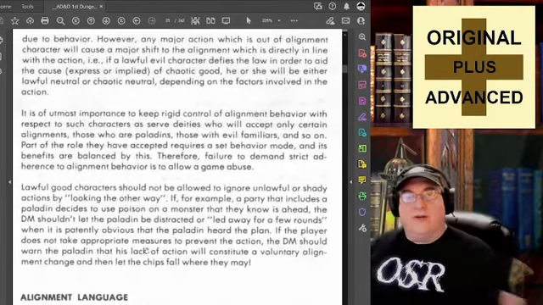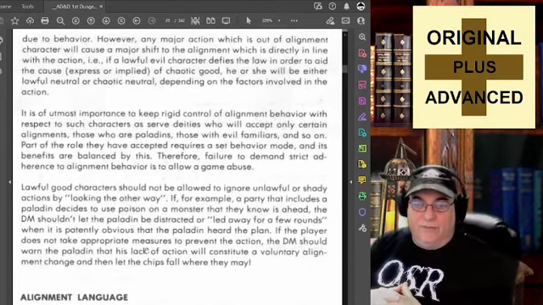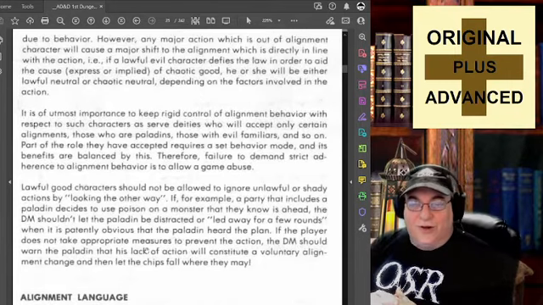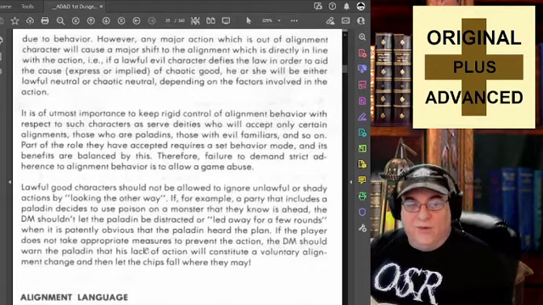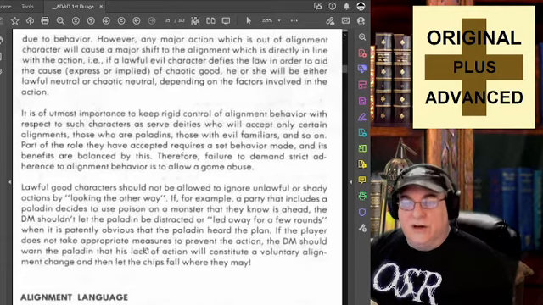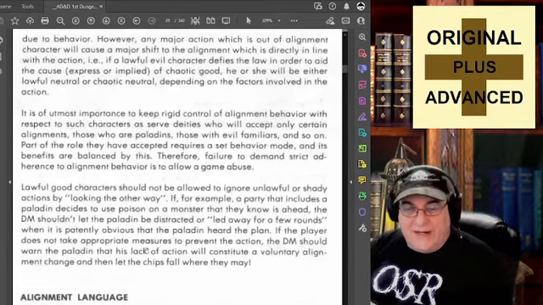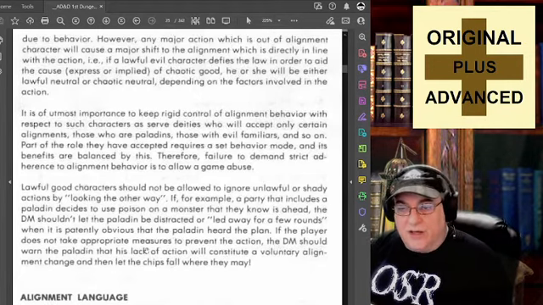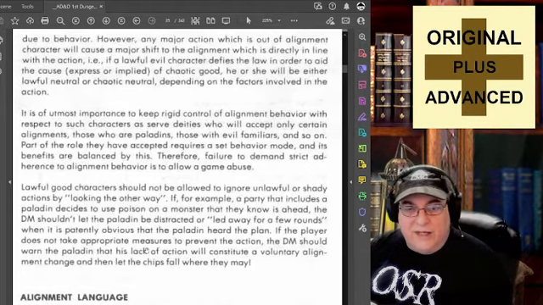However, any major action which is out of alignment character will cause a major shift to the alignment which is directly in line with the action, i.e., if a lawful evil character defies the law in order to aid the cause, expressed or implied, of chaotic good, he or she will be either lawful neutral or chaotic neutral, depending on the factors involved in the action.